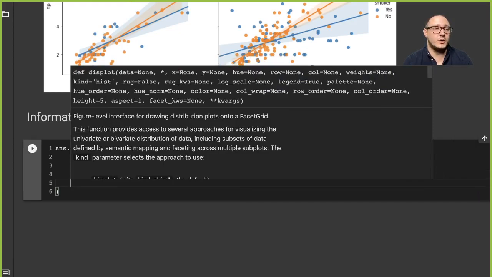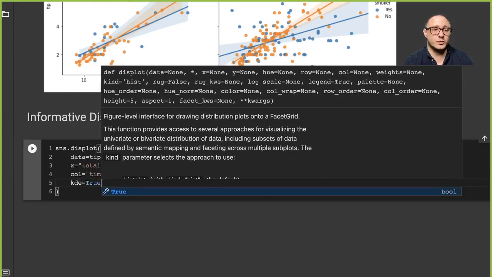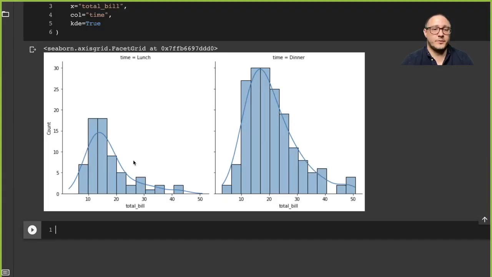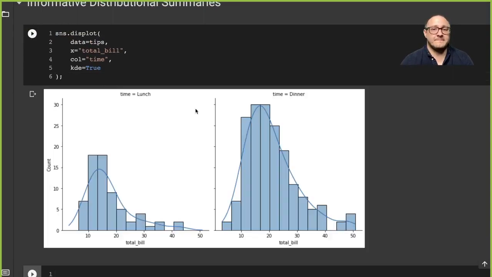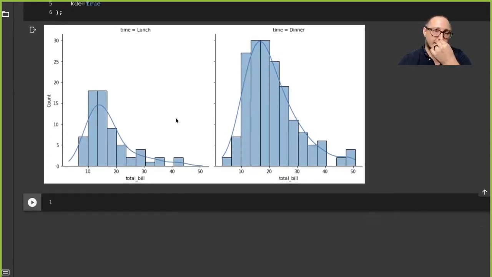And I'm going to do kernel density estimation equal to true. This will give us our nice histograms, which are the bars, and then the kernel density estimation is this nice smoothed curve. We see here that both lunch and dinner have these little bit longer tails on them, so the data is skewed in some way, shape, or form, and is definitely not a normal distribution.